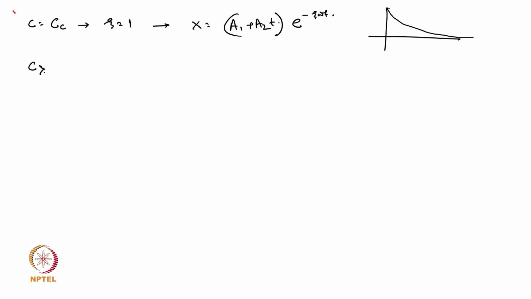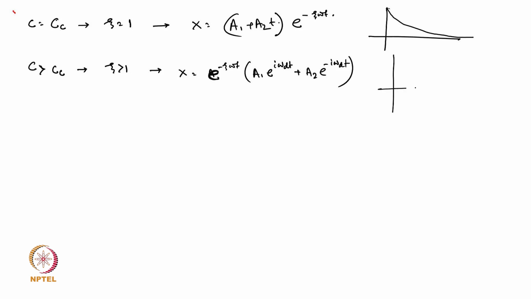Now if C is greater than Cc, in that case xi is greater than 1, then we will have the solution e to the power of minus xi omega t into A1 e to the power of omega d t plus A2 e to the power of minus omega d t. Here omega d involves root over of xi square minus 1 into omega.